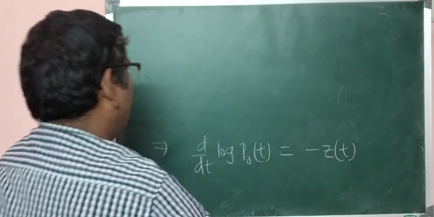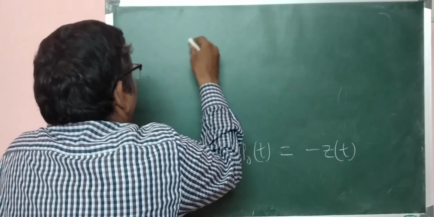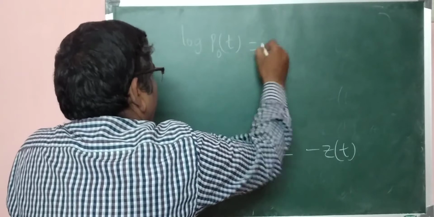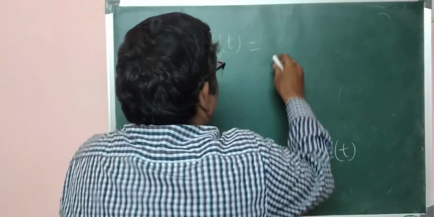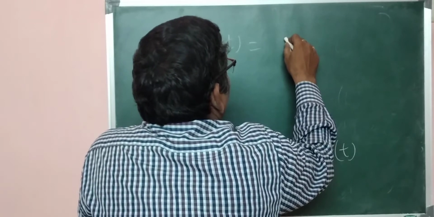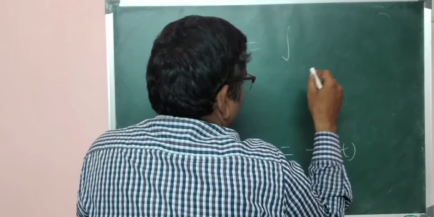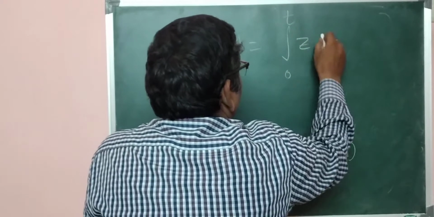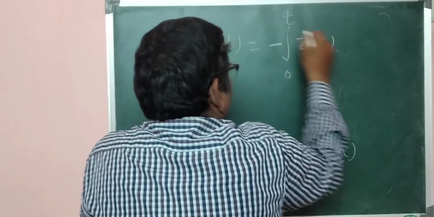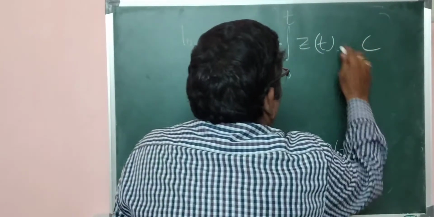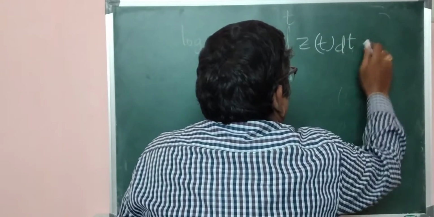If you integrate on both sides with respect to t, then log of P naught of t is equivalent to minus integral 0 to t of z of t dt plus some constant.